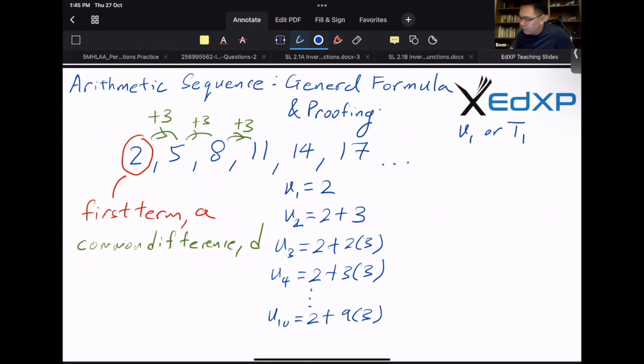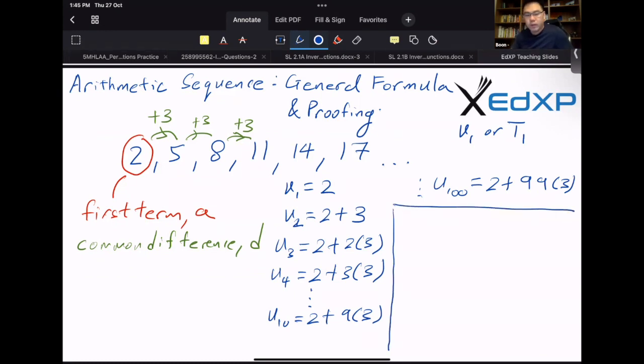Okay. We can even go on to say that we can find any term we want. The 100th term in the sequence will be 2 plus 99 times the common difference. Okay, let me extend this to the general formula. If I rewrite generally, the first term is A, the second term is A plus D, the third term is A plus 2D, all the way to infinity, for example.